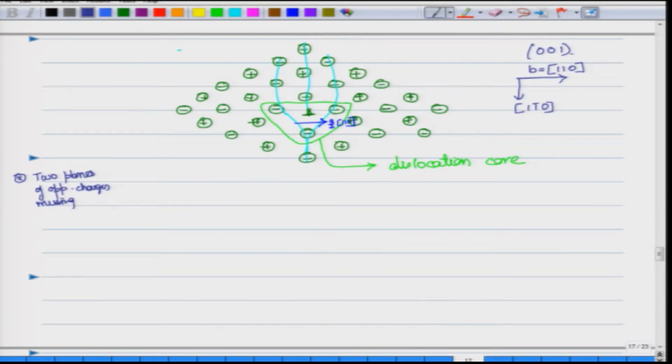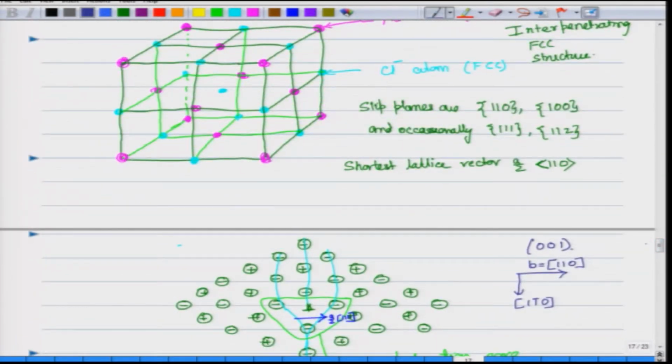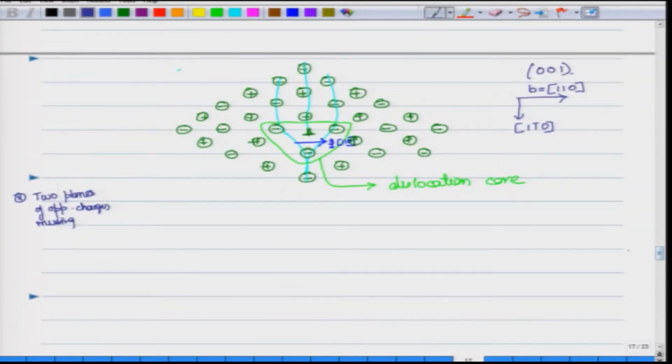Now, if you look at it, it may seem at this stage that the core has a net charge, but then what happens in the layer below it? If you go back to this one, what we have drawn is a 100 layer. These are the alternating layers. Behind each atom, there is an atom of opposite type and therefore opposite charge, which means that if you go one layer behind it, you would get something like this.